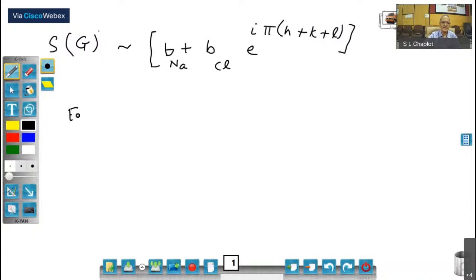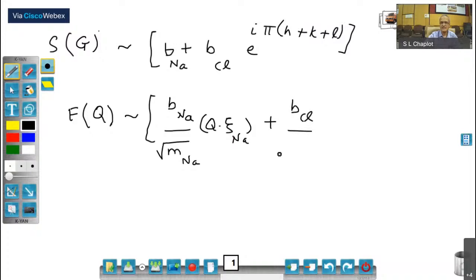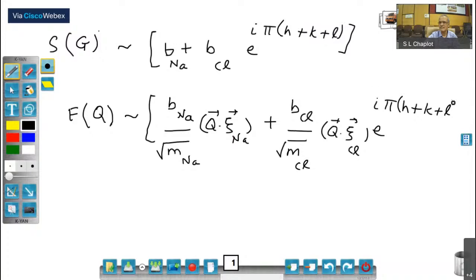And the structure factor for one phonon is B sodium divided by square root of mass of sodium, into xi of sodium, plus B chlorine divided by square root of mass of chlorine, into xi of chlorine, with the same phase.